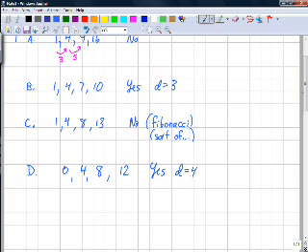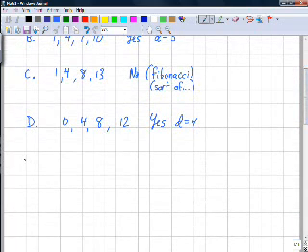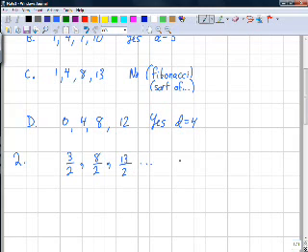Well, they're all Fibonacci numbers, but actually it's not the full series. Now that I look at it again. Zero, 4, 8, 12. Yep. Common difference is 4 there. Okay.